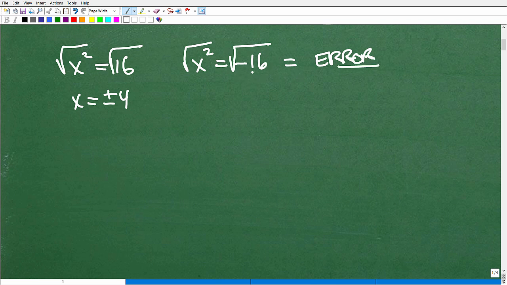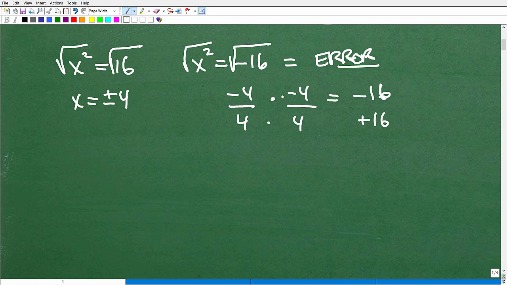It doesn't understand that because when you are taking the square root of a number, you're trying to say what number times itself is equal to negative 16. Well, it's not negative 4. Negative 4 times negative 4 is positive 16. So that's not the answer. And it's not positive 4 because positive 4 times positive 4 is positive 16.